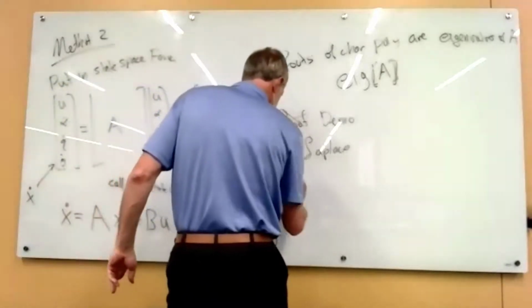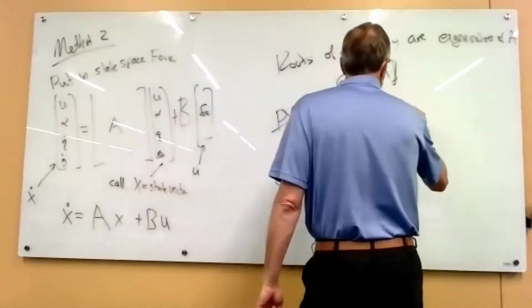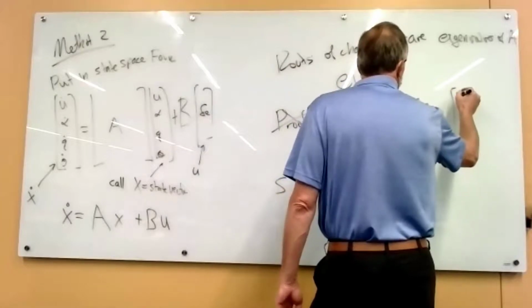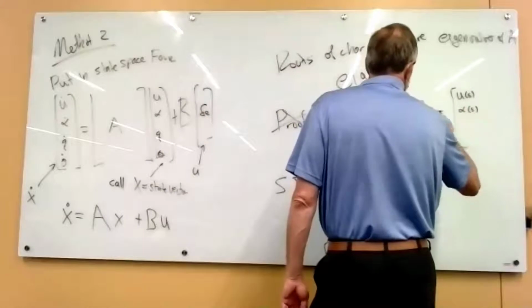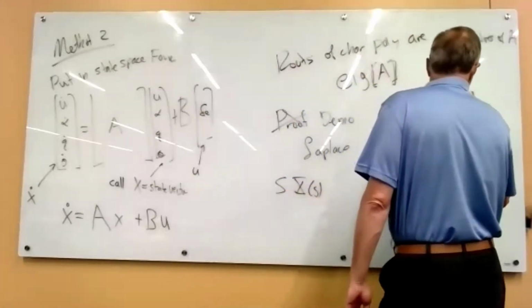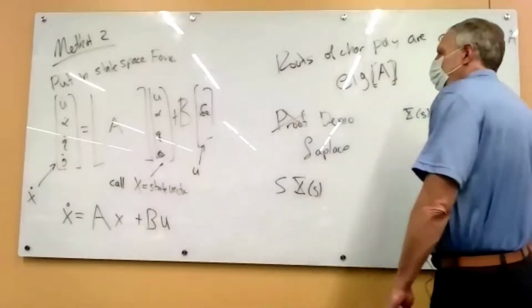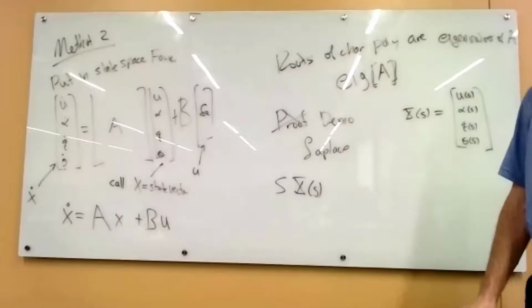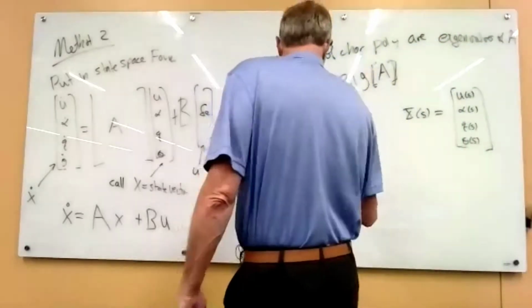So we get s, where we have to say, okay, we're going to call the Laplace of these variables, the Laplace, we're going to call that x of s. Right, so really behind the scenes, you're Laplacing each equation by itself, but then you stuff it all back into a matrix, and so we can just write this down.